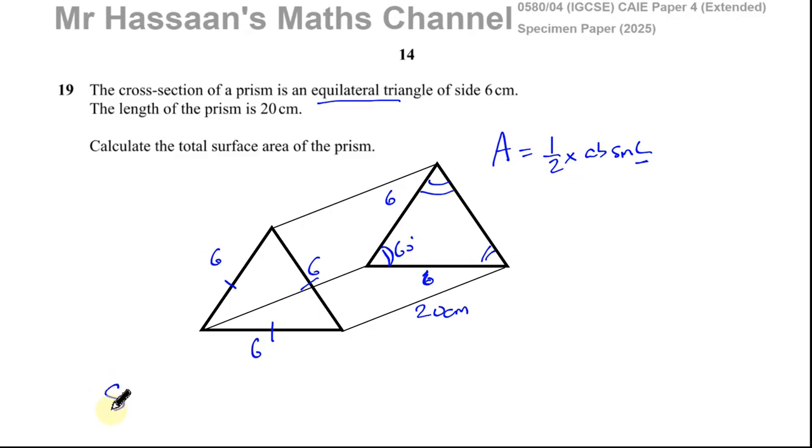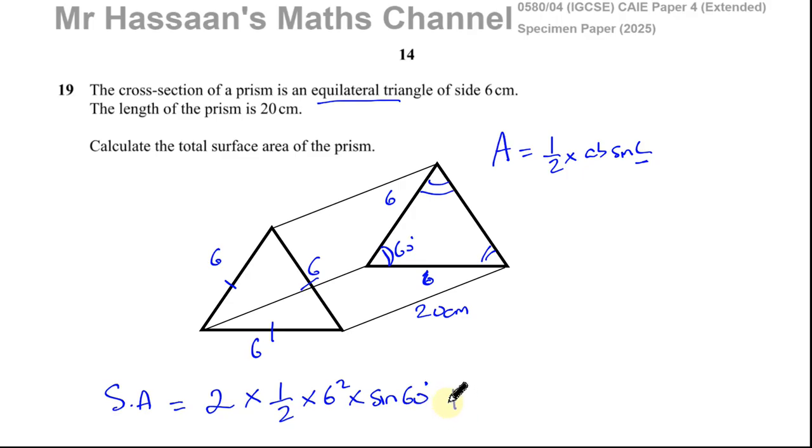So the surface area is going to equal two of these triangles, the top, front and the back, times a half times 6 times 6, which is 6 squared, that's AB, times the sine of 60 degrees. So that's the area of these two triangles.